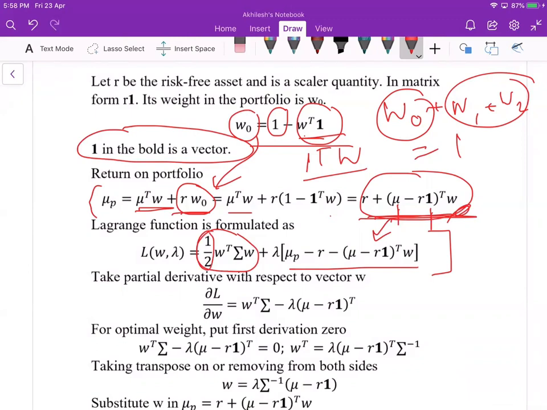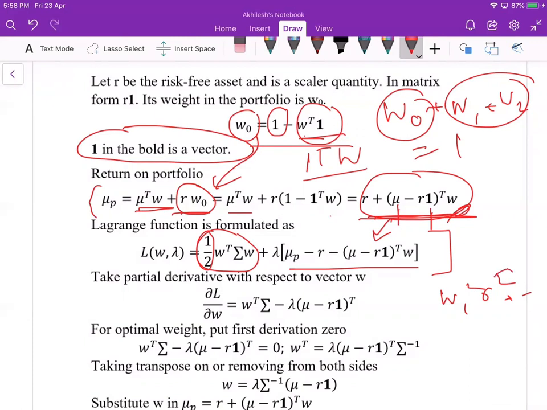Half is because the variance term we have already seen is w1 square sigma square, and all other terms constant, when you differentiate you will get 2w1.